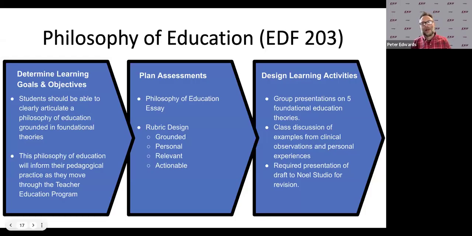The problem was it wasn't related to any foundational theories. They thought, well, I think this is how it should go because these are the classes I liked, or this was my experience, or whatever it happened to be. But if we could get them to relate their ideas to things that have happened throughout history in multiple locations and were backed by research, that was going to be much more valuable for them.